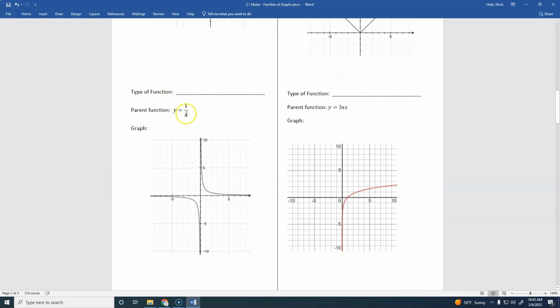Next, we have 1 over x. This is a rational function. And in order for this to be rational, the variable is in the denominator.